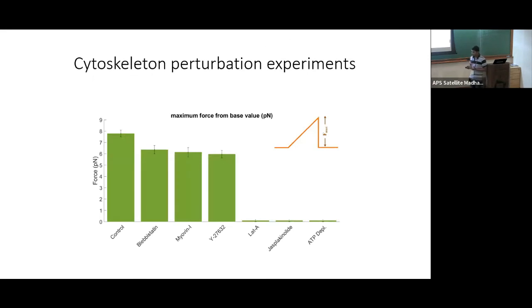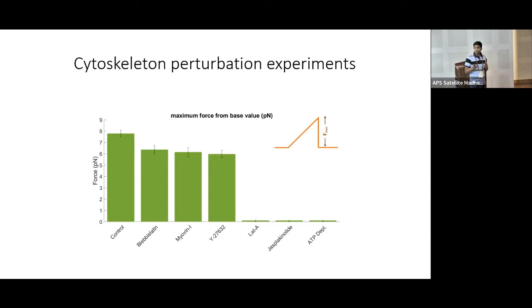So we tried perturbing the cytoskeleton inside the axon. Whenever there is a contractile force generation, we think of some conventional molecular motors being involved. So we tried to inhibit those myosin motors, like myosin 2 using blebbistatin and Y27632, and we inhibited myosin 5.